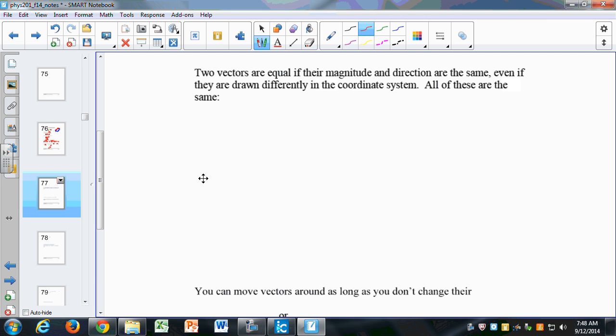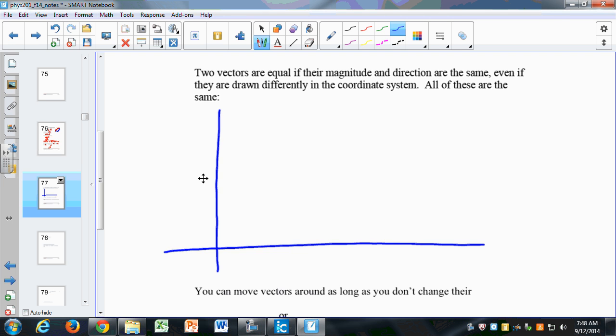We can also take vectors and move them around. So for example, say we set up our coordinate system like this. This is our x coordinate, this is our y coordinate, and then we draw a vector here. That's some vector, let's call it r.